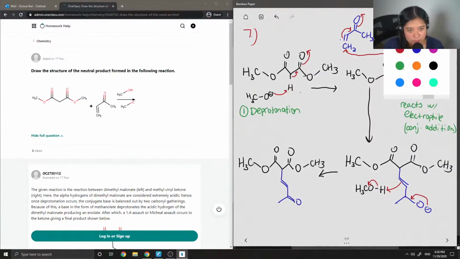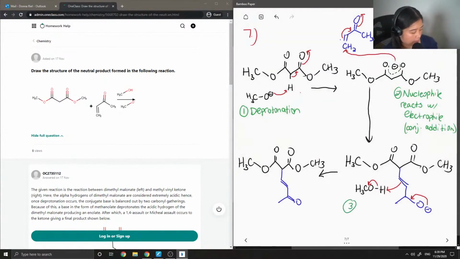So just to complete all the steps, step 3 can just be called proton extraction or abstraction maybe.